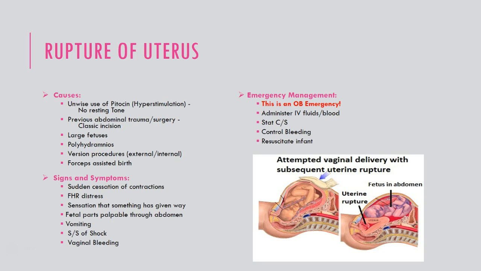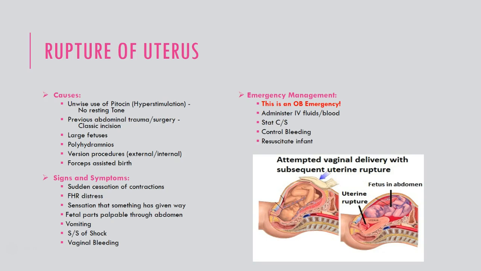It's the same concept. People who have had previous abdominal trauma or surgeries, possible scar tissue that has ruptured, those individuals that have had a C-section with a classic incision in the uterus, those people are at definite risk for uterine rupture. People with macrosomia babies, large fetuses, so that again the uterus has gotten too big, too thin.